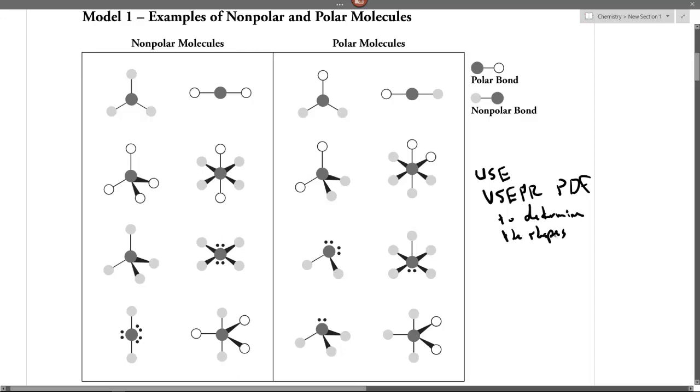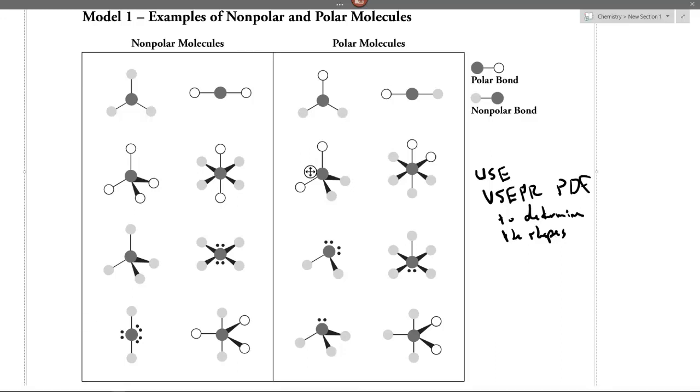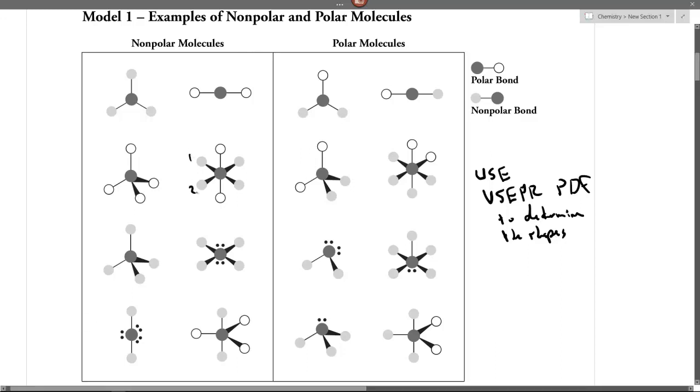And how do you do that? Well, you take a look at some examples here. For instance, this has 1, 2, 3, 4, 5, 6 things bonded to it. And if I go and look on VSEPR for 6 bonds, 0 lone pairs, then I find that this is what we call octahedral.